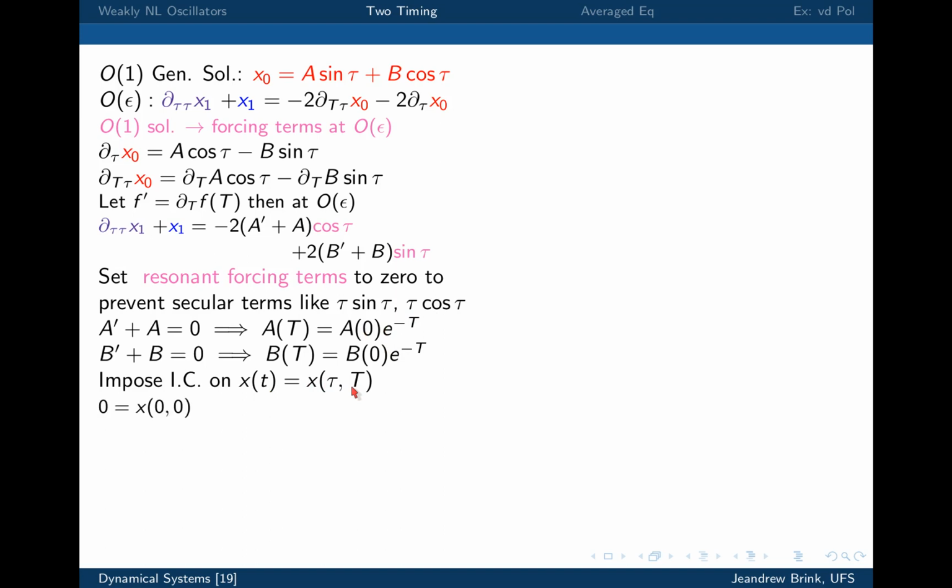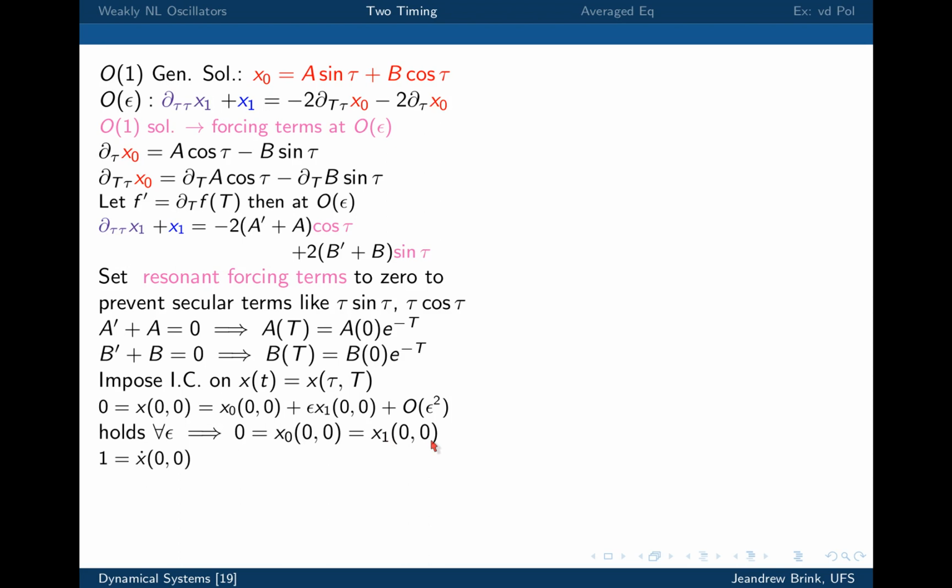So if we have that x of 0 is simply x of 0, 0, which is equal to the expansion itself, and it's got to vanish for all epsilon, we're going to have that both x0 of 0, 0 and x1 of the slow and fast time are all 0. And we have that 1 equals x dot at 0, 0.